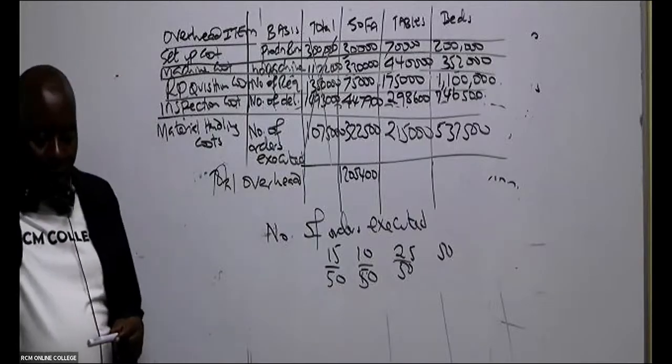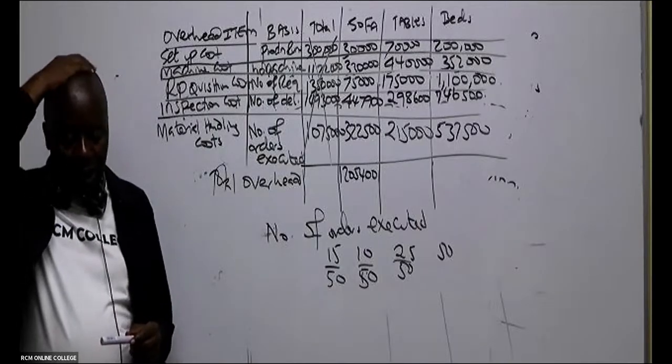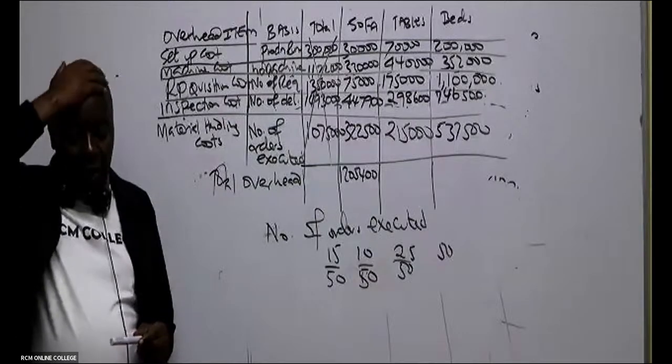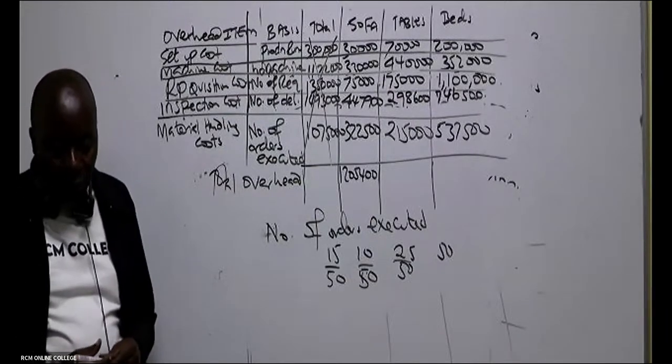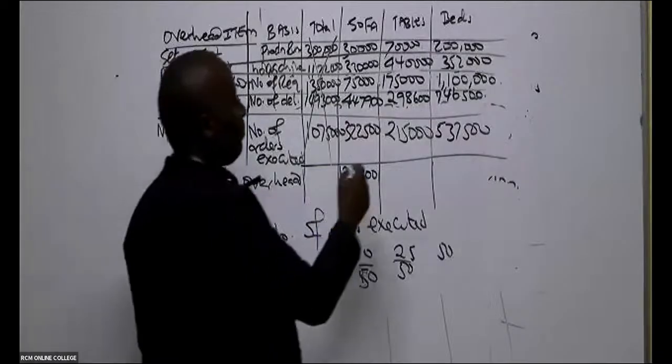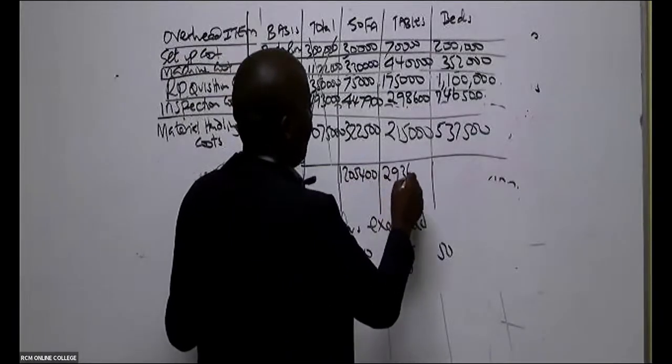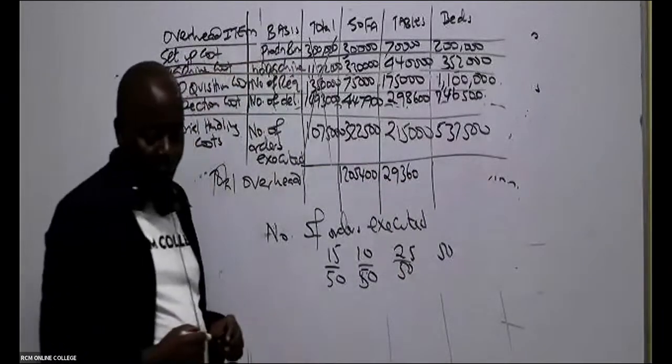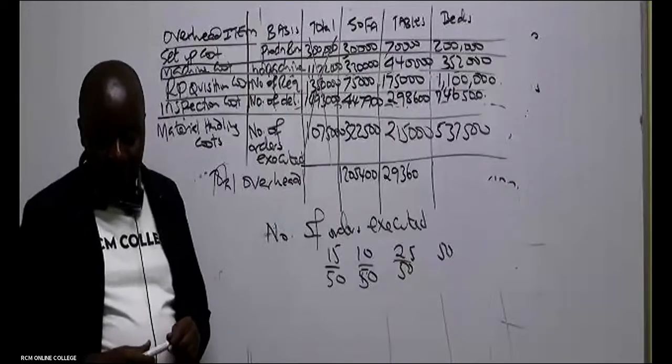Go ahead and do the same. Thank you, Cecilia. Thank you, Gadoni. Go ahead and do tables, 29,360. Oh, the figure is wrong.